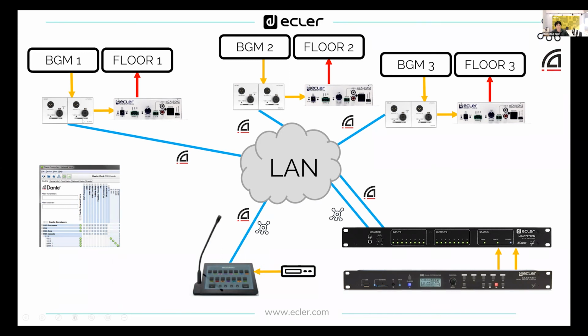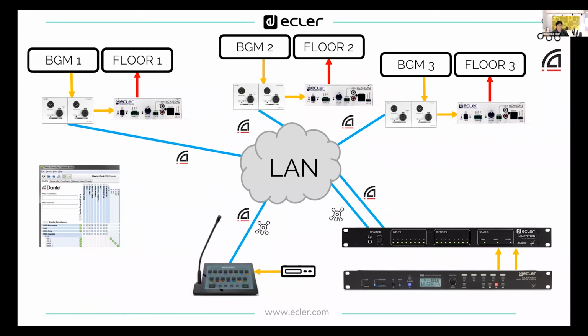You have a signal that you can just get into Dante. So the signal of the first floor can be sent to the matrix, and once it's in the matrix, it can be sent to any other device, or you can just play with it as you want.